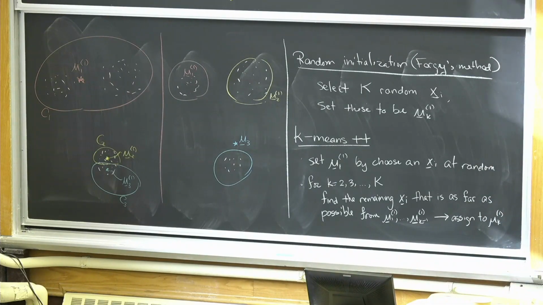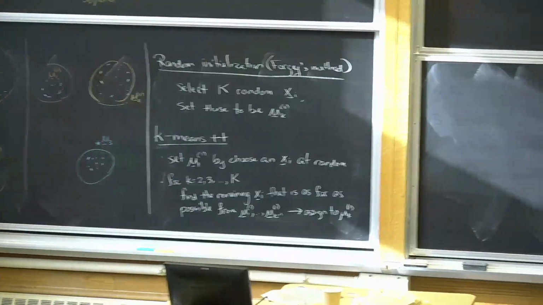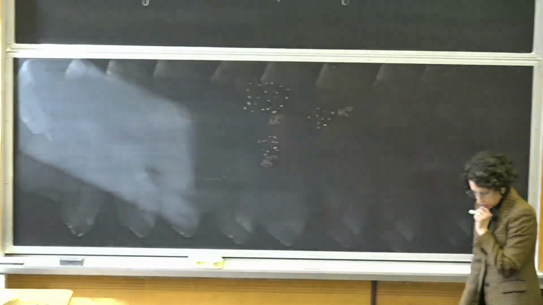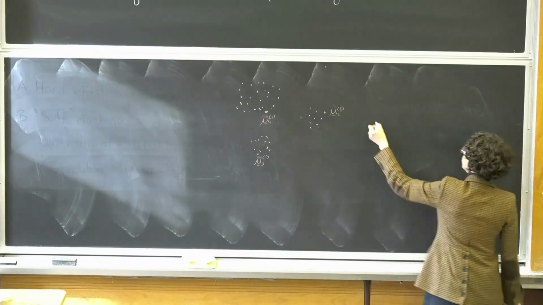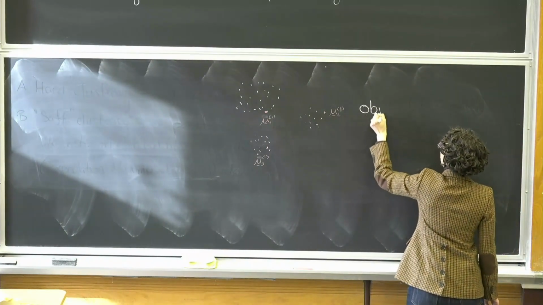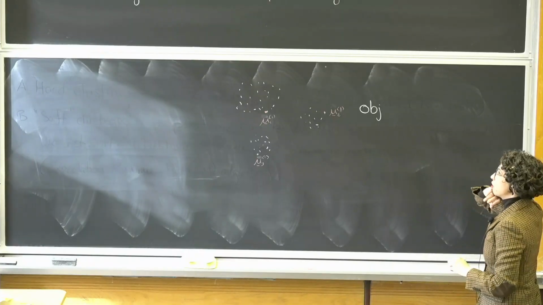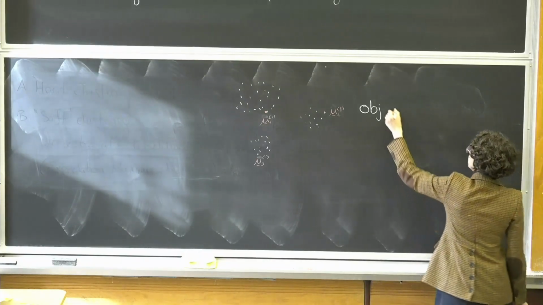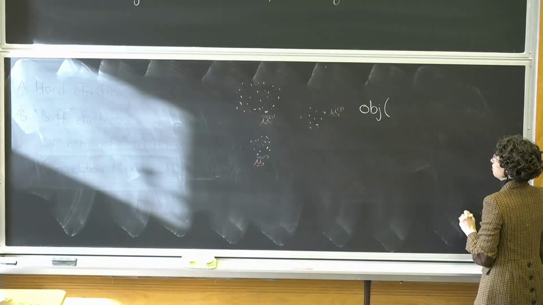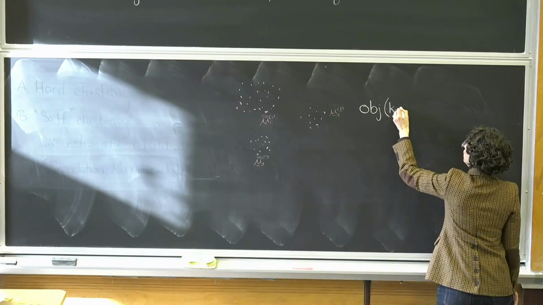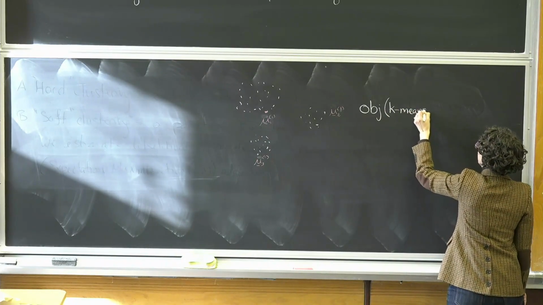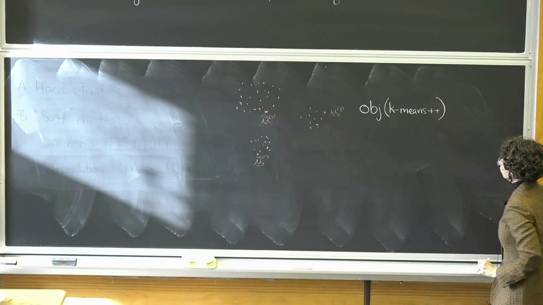Okay, so we have this sort of remarkable theoretical guarantee associated with this, which is that if we were to look at the value of our objective function, so remember we highlighted that in orange in one of our earlier boards, and we were to see how big is that objective function value when we run k-means plus plus.